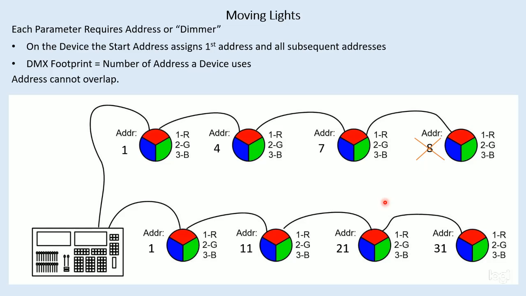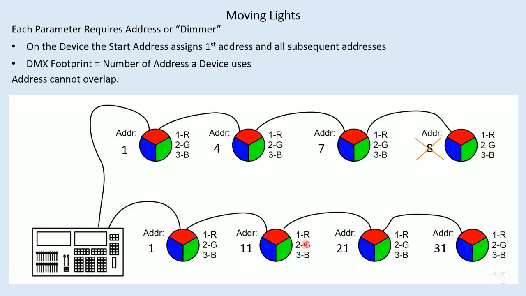Now, when we're patching, oftentimes, for simplicity's sake, we will do something called hotel patch. I don't have to use every DMX address in the path. So I can skip numbers. I could set this address as 1, and so 1 controls red, 2 green, 3 blue. And I can set my next device's address at 11.